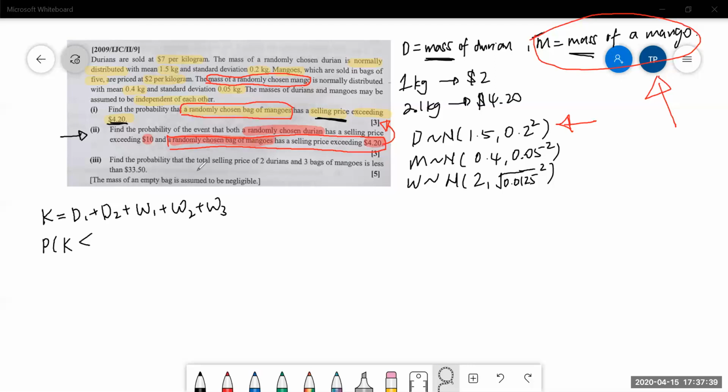So how should we calculate that in terms of weight? Oh, this is a big question. How are we going to calculate that in terms of weight?